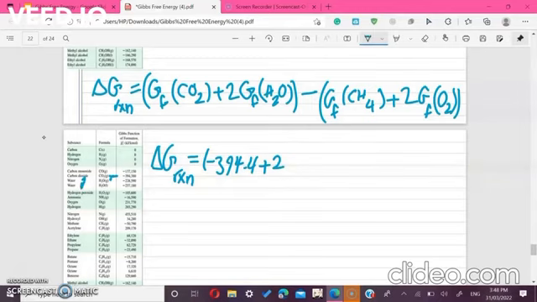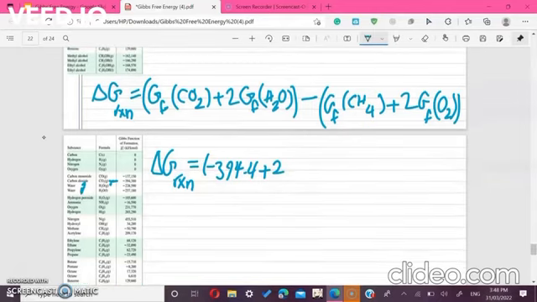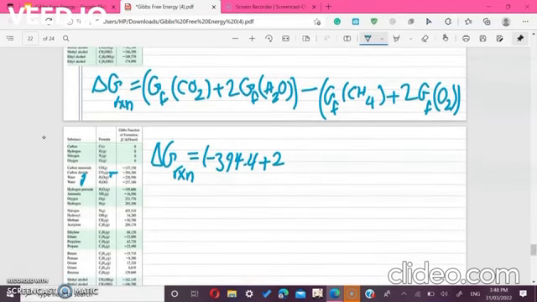Which one do we use? We use the value that is based on the state of water. Here the water is in gas form, which is water vapor, and here it's in liquid form.